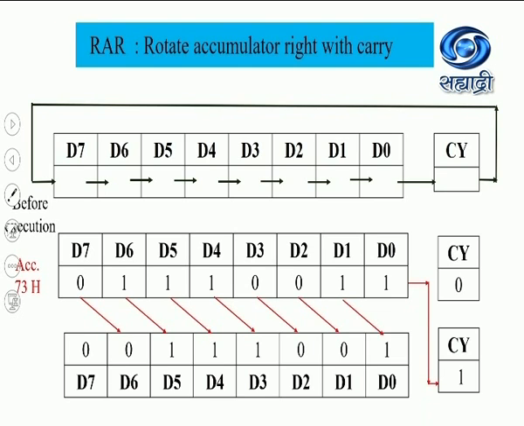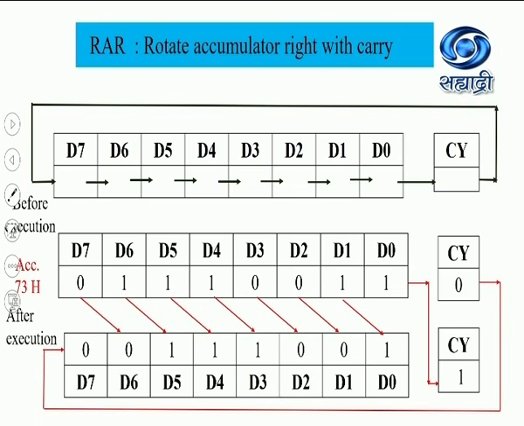So here D7 comes to D6 position, D6 comes to D5 position, D5 to D4. Like this bits are rotated. Now D0 goes to carry. Initially carry was 0. So this initial carry goes to D7 position. After execution, accumulator becomes 39.